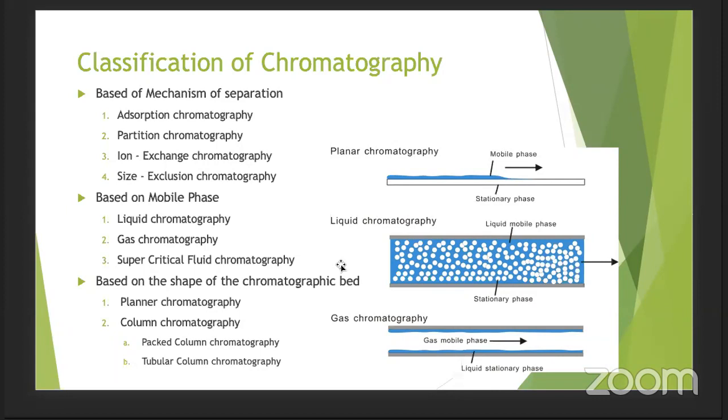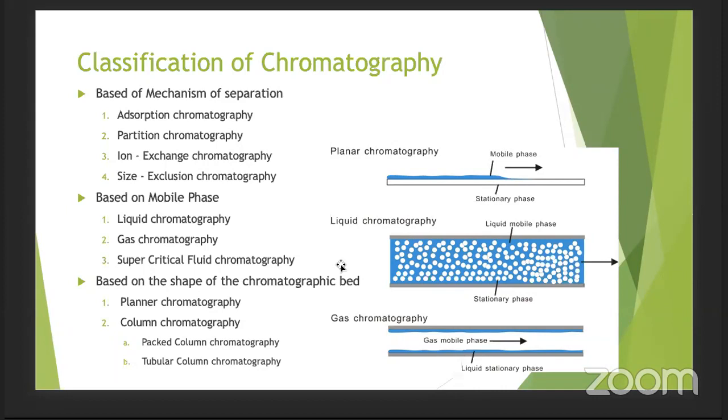In planar chromatography, the resin or the separation bed where the separation has to take place is on a planar substrate. Examples are TLC and paper chromatography. TLC, thin layer chromatography, is where silica gel is dried on a glass or an aluminium surface.